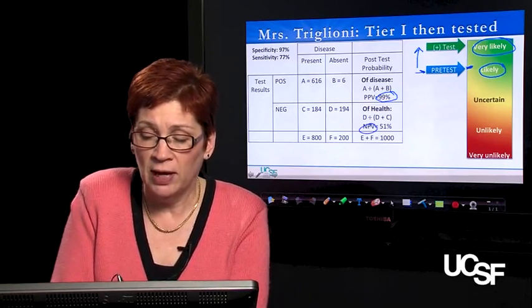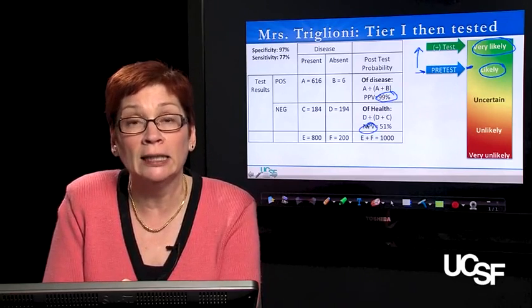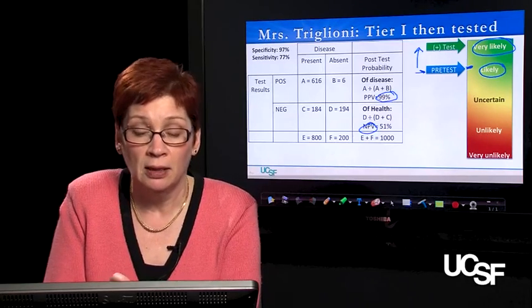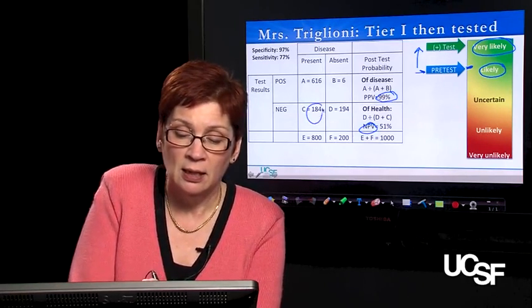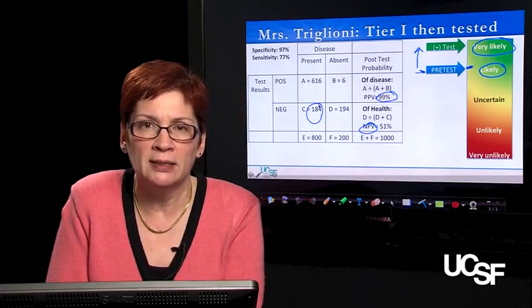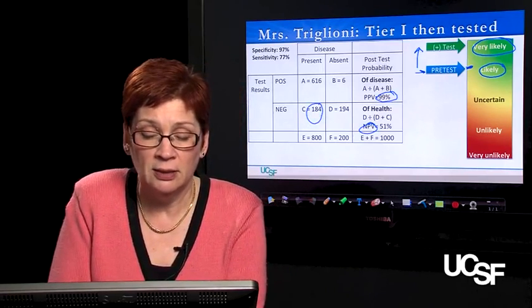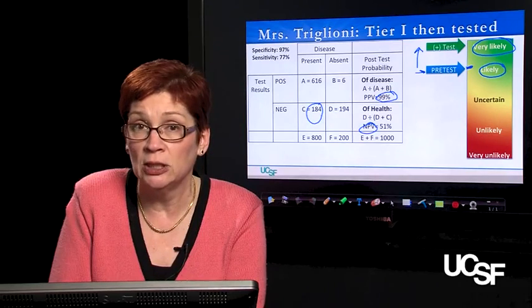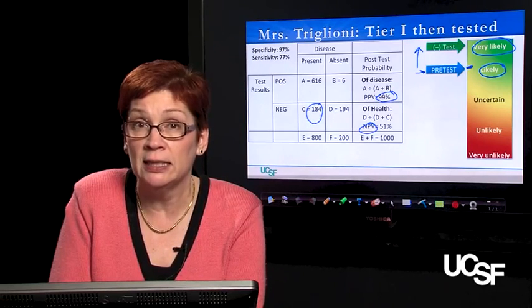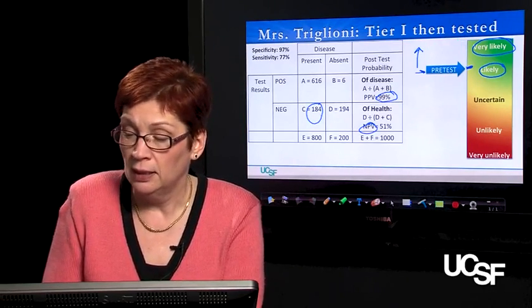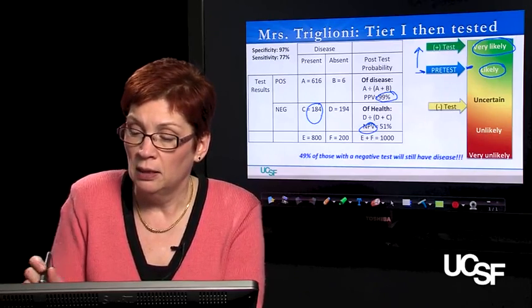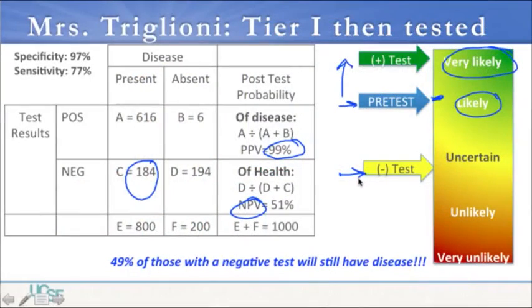The negative predictive value tells us how likely is it that she's truly healthy, but it's 1 minus negative predictive value that tells us how possible is it that she still has the disease even in the setting of a negative test. And so, that is indicated right here. So 1 minus negative predictive value is 1 minus 51, which is, of course, equal to 49.